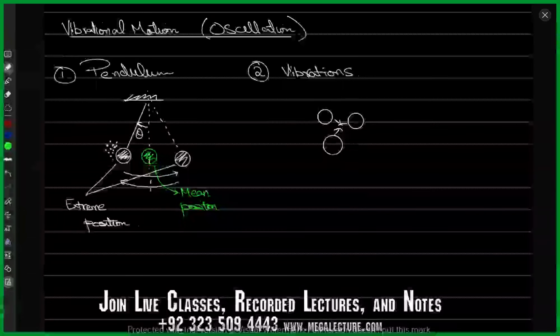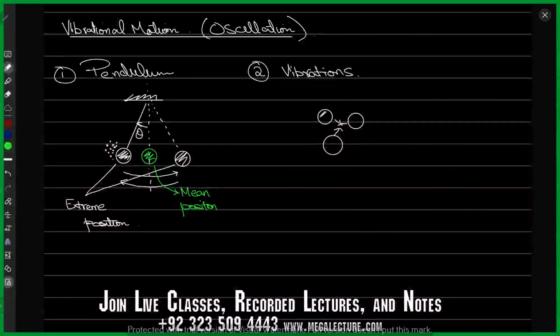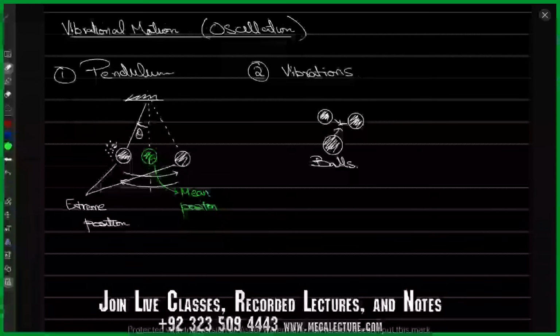These balls carry some energy with them, and when they hit each other, there's a transfer of energy happening. That transfer of energy is vibrations, right? This was an example of some classical balls. We can think in terms of molecules.